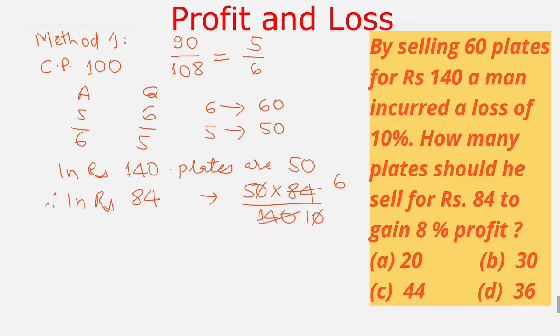And 0 of the denominator is cancelled by 0 of the numerator. And this gives 6 multiplied by 5 equal to 30 plates. It means that if we sell 30 plates for rupees 84, then we are going to gain a profit of 8%. And from the given options, our answer is option B.